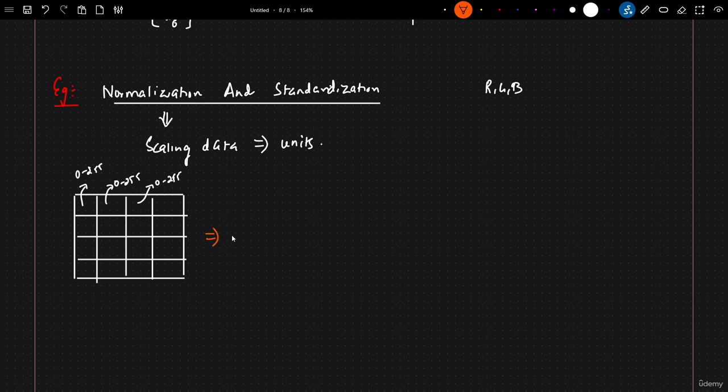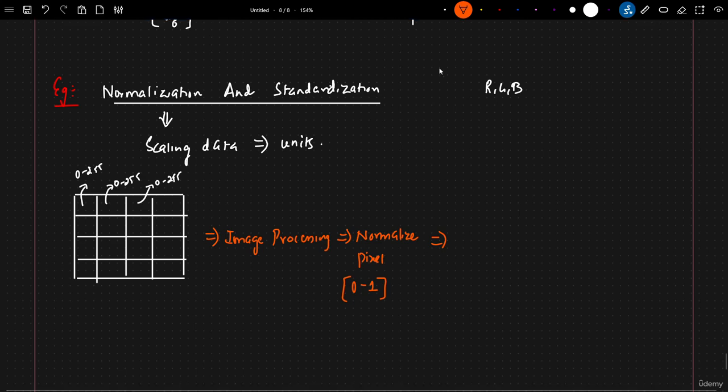If I want to do image processing, it is always a good thing that we normalize the pixel values between 0 to 1. Why? Because in image processing we need to do a lot of calculation, and I don't want any big numbers. So we can normalize all these pixels between 0 to 1. How do I normalize it?